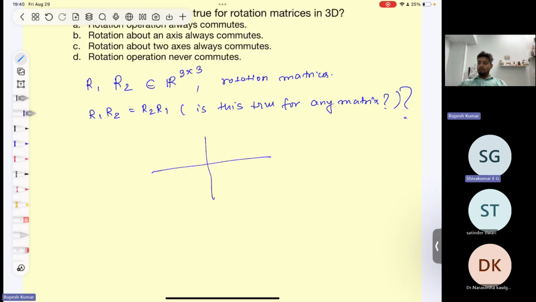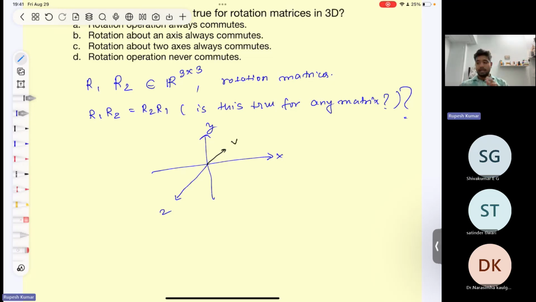Now let's say we have this 3D space. This is the x-axis, this is the y-axis, and this is the z-axis. Now let's say you have a vector v that looks like this. So let me take the black pen here. Now this is the vector v.